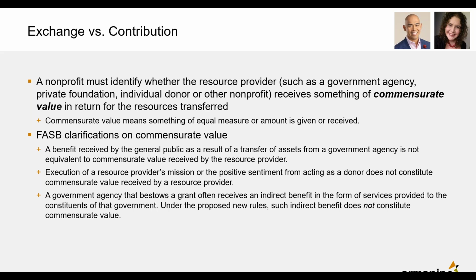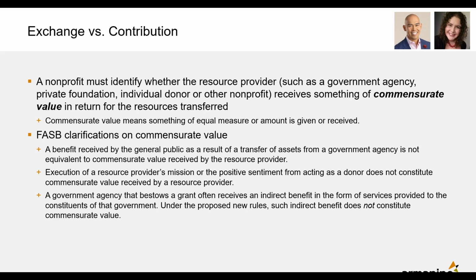It may mean that it gets recorded when it's given, but of course, a lot of these grants are going to have conditions in them. And Stacy is going to talk about that a little bit later in the presentation. So it doesn't necessarily mean that all of these grants are going to be recorded. What it does mean is you need to understand what all of your grants are, and specifically what impact that's going to have on external reporting, and what your story is related to that.